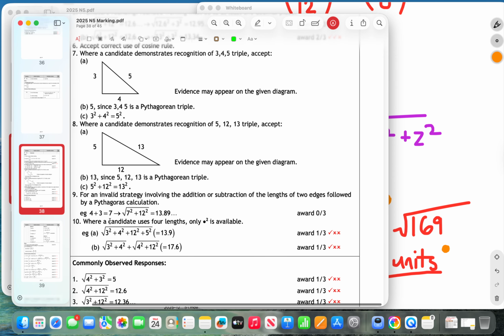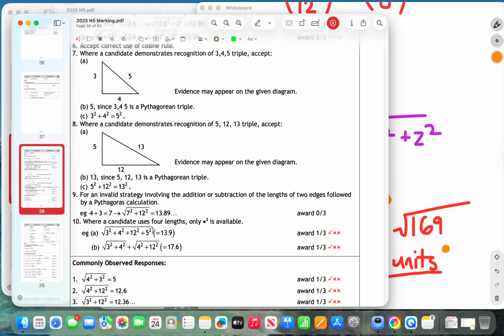And many candidates made the mistake of adding the 4 and the 3, then doing the square root of 7 squared plus 12 squared. That's not how you do three-dimensional Pythagoras. You've got the dimensions 4, 3, and 12, so you have to do the squares of all of the dimensions, adding them up, then taking the square root of it.